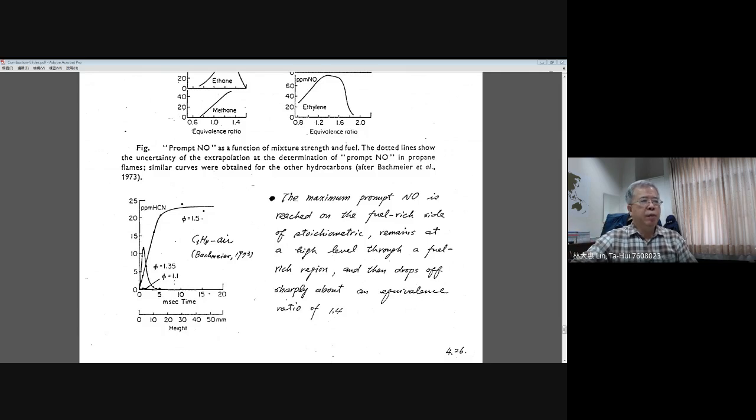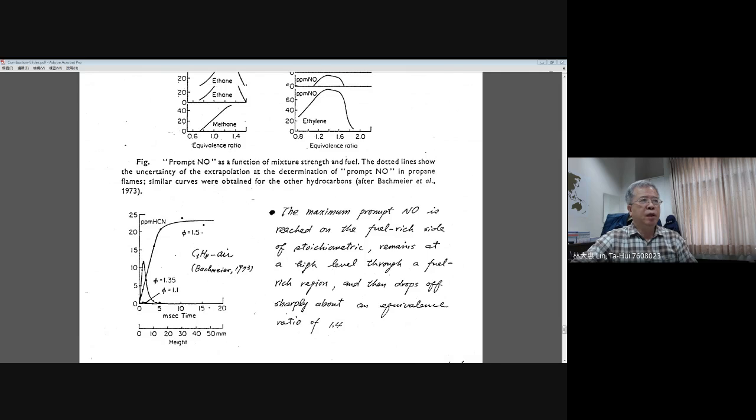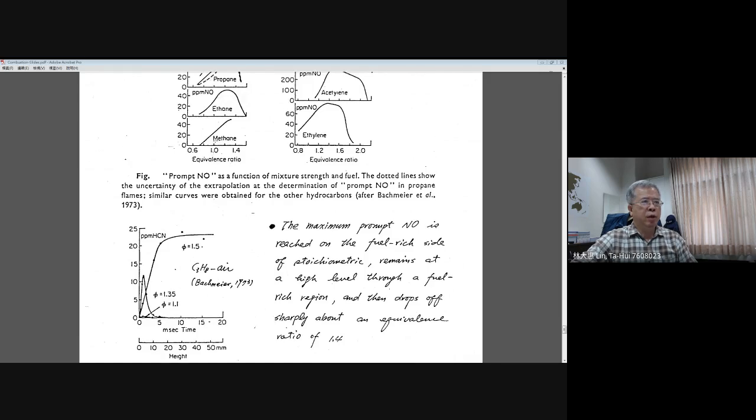But for equivalence ratio 1.1, as I mentioned, they are too close to the stoichiometry. They do not have enough hydrocarbon radicals released. Therefore, they do not have a good contribution to the HCN concentration, and hence they don't have prompt NO formation.